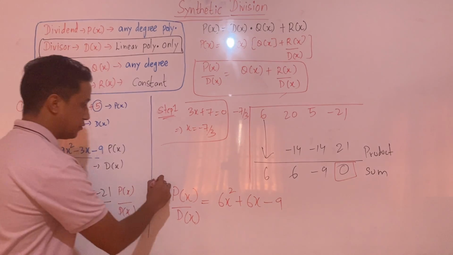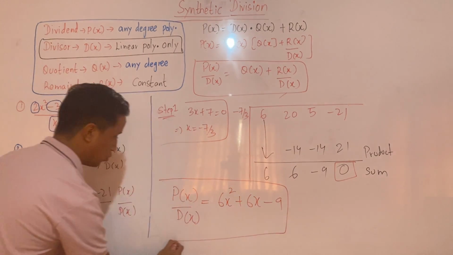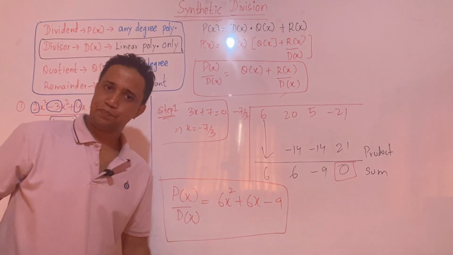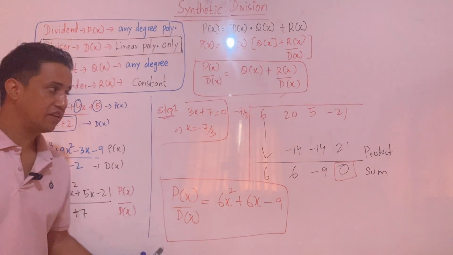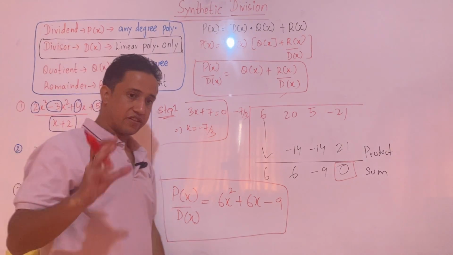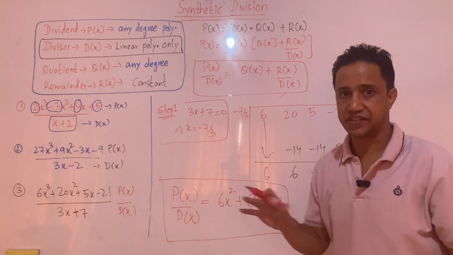Okay, so this is all about synthetic division. Very easy. You don't need to remember anything, just look at the steps, keep in mind the main rule, and then the rest is fine.